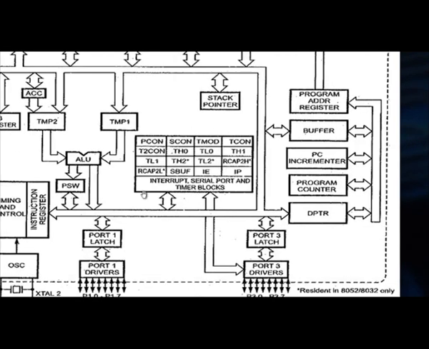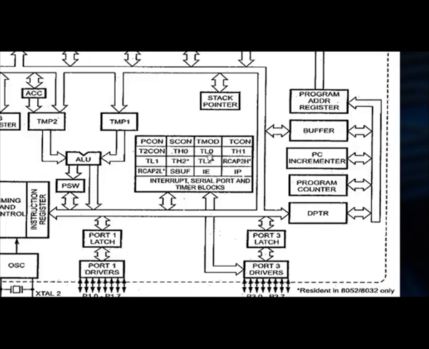These are the special function registers, which are power control, serial control, TMOD, which is timer mode, TCON, which is timer control, then T2 timer 2 control. Then T0 and T1 can be used as either two 16-bit registers, or split into two 8-bit registers, so totally 4 8-bit registers.